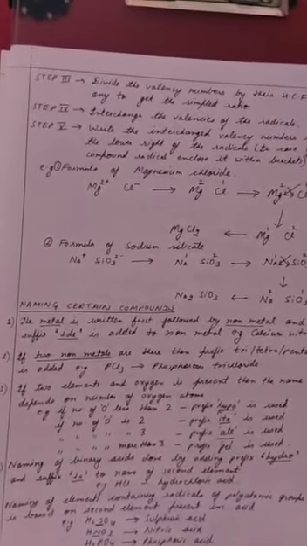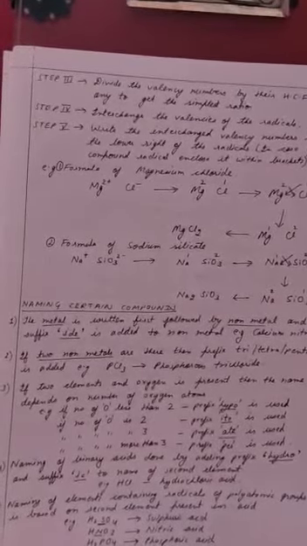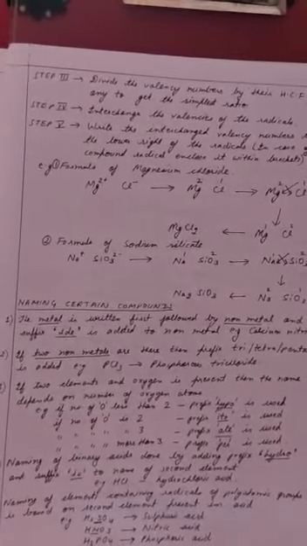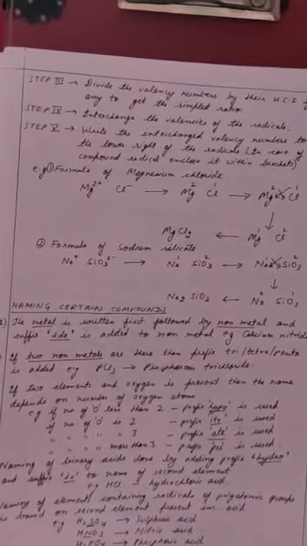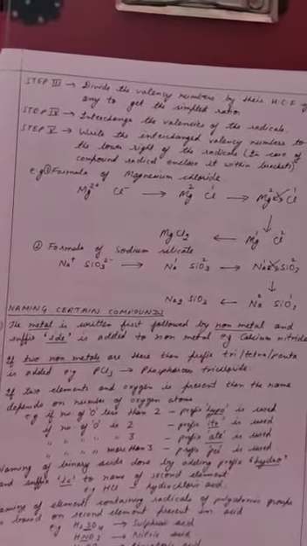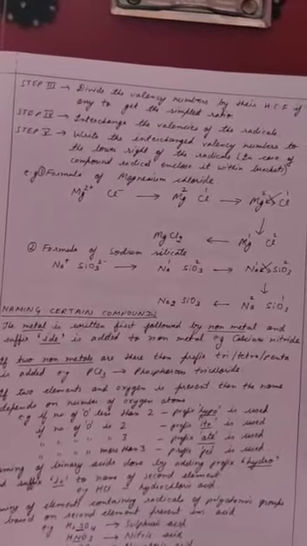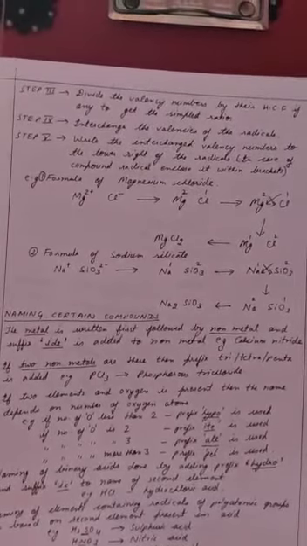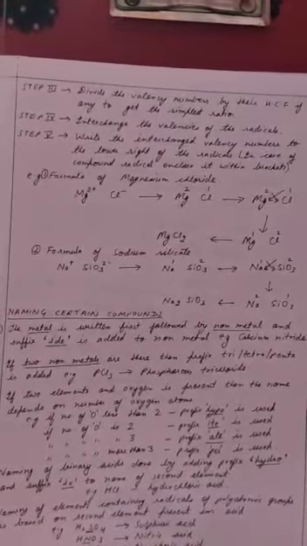So as mentioned in step 1, we have to write the symbol of the basic radical first. So we write Mg2+ first, followed by Cl-. Then we have to write the valency on top without any charge. That is, I have written 2 on top of magnesium and 1 on top of chlorine.